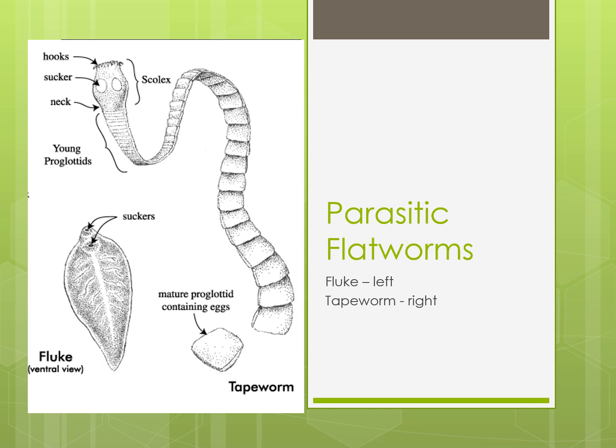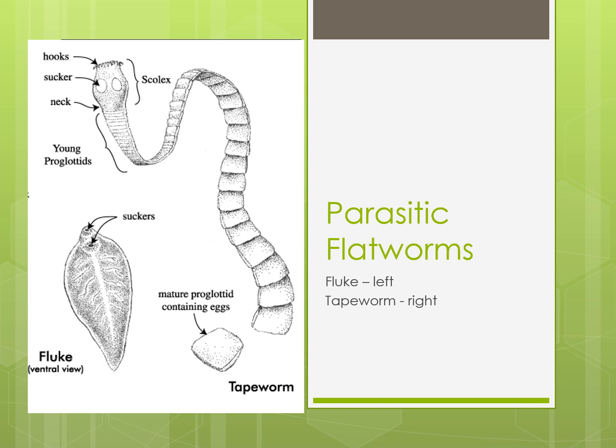Let's give you some nightmares. So here is some imagery of our parasitic flatworms. So remember, this is that phylum Platyhelminthes. If you want to think of the fluke and the tapeworm as being kind of like cousins within that phylum, they kind of are.